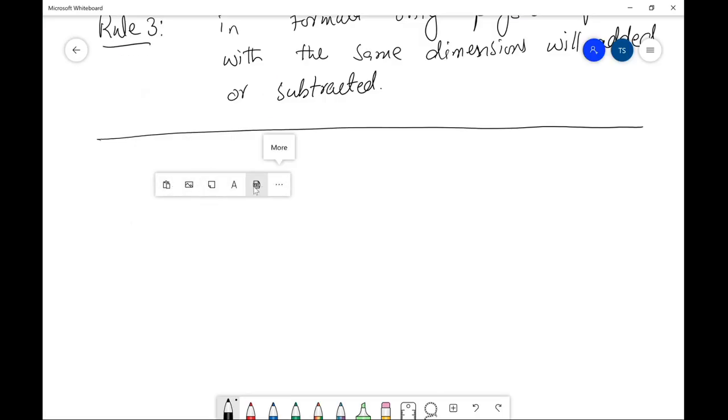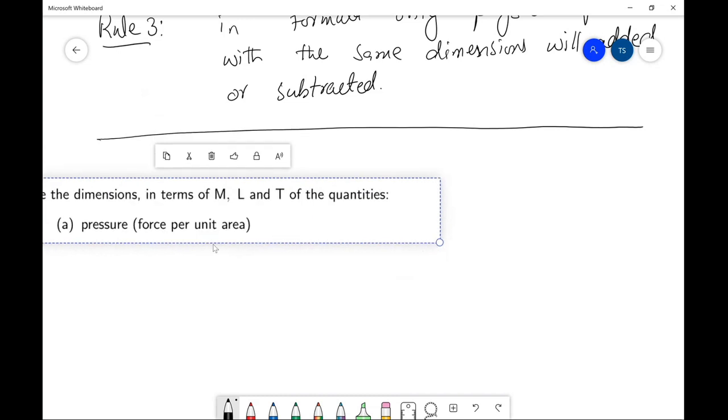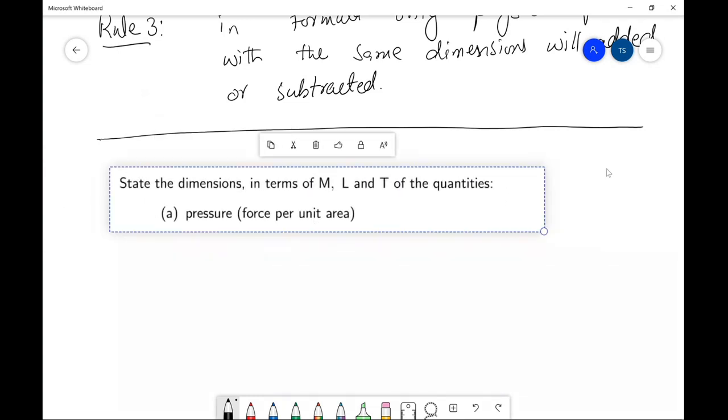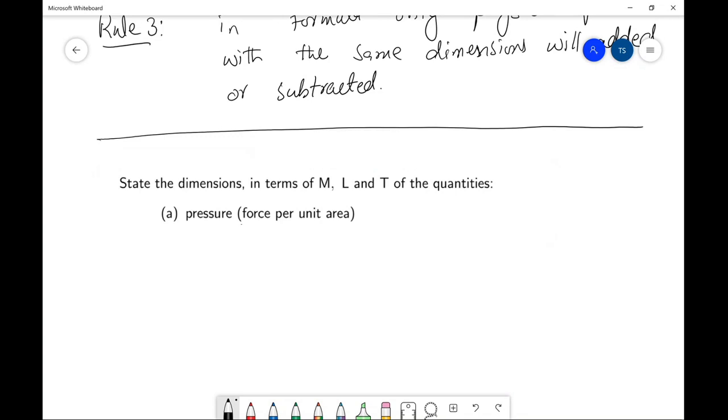Sorry, I'm just trying to paste this question. So I have a question, state the dimensions of, in terms of m, l and t, pressure, and I've been given that pressure is what?